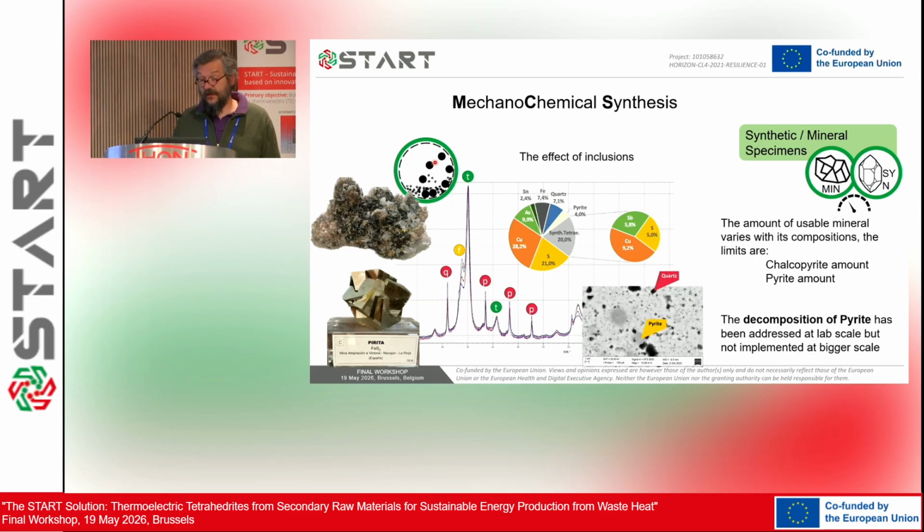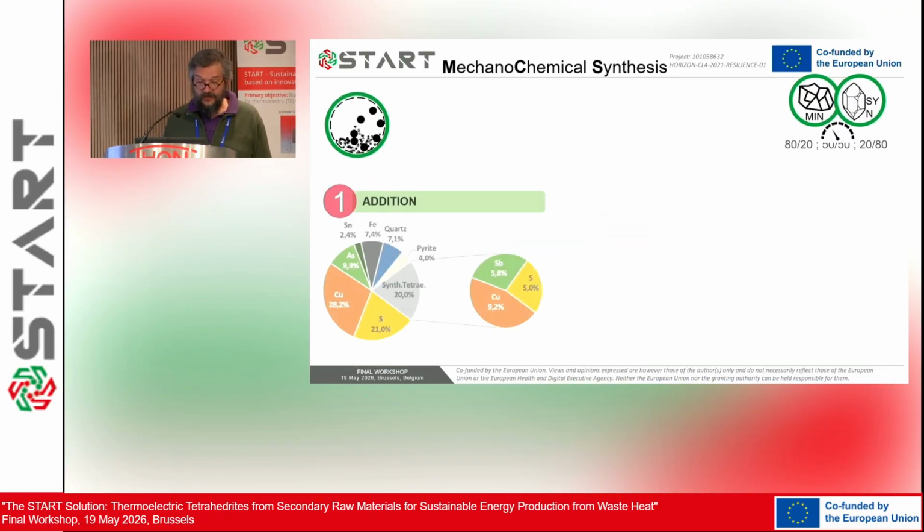But that was decisive for trying to compensate for this composition in order to have a final thermoelectric material according to our target. And the approaches that we kept are basically three, the routes that we tested.